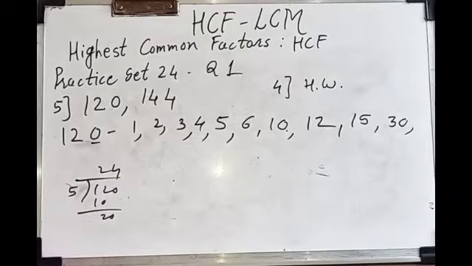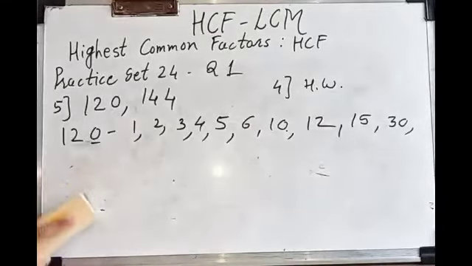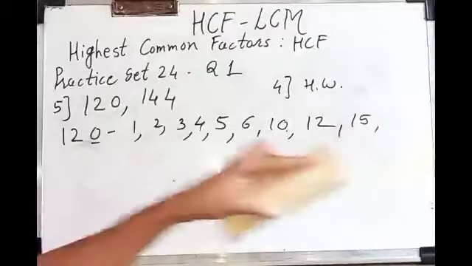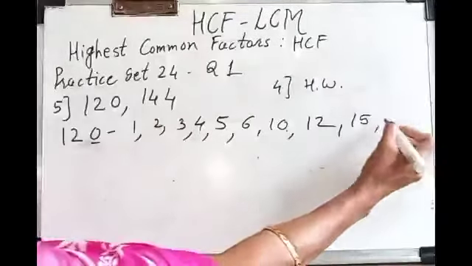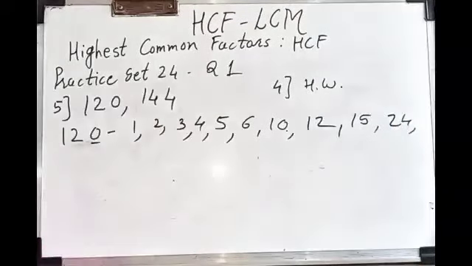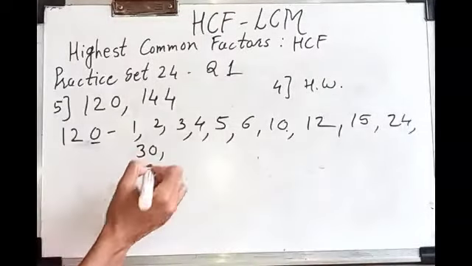So students, 24 also remains. After 15, I think 24 should come. Then 24 5s are 120. Yes. Then 30 will come.